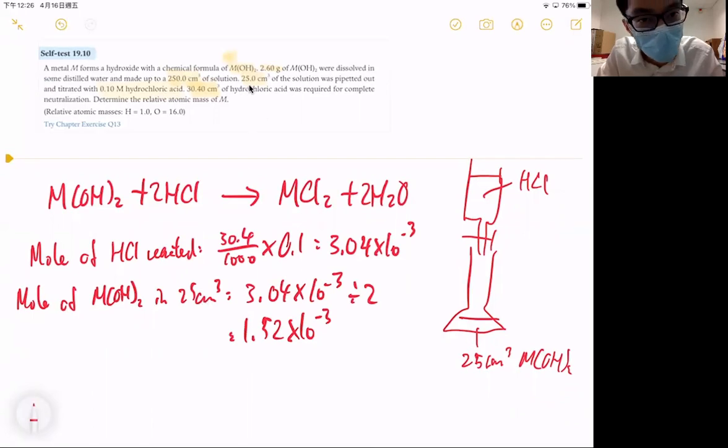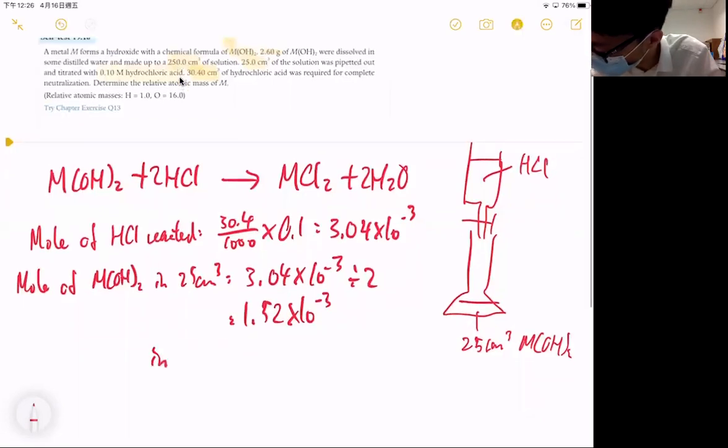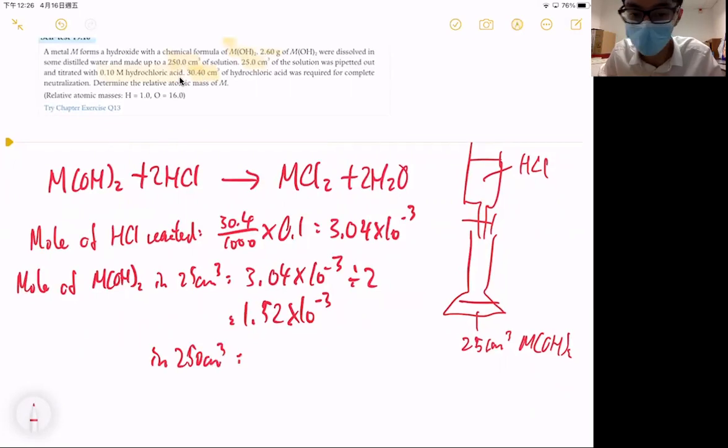And then we need to trace backwards. In 25 cm cube, we will have 1.52 times 10 to the power of negative 3 mole. For the moles of metal hydroxide in 250 cm cube, we need to times the number of moles by 10, right?